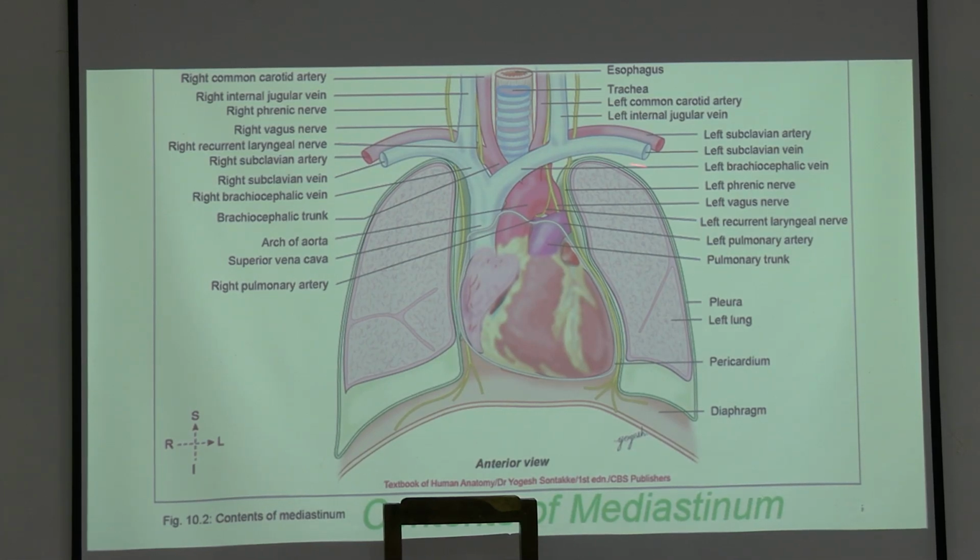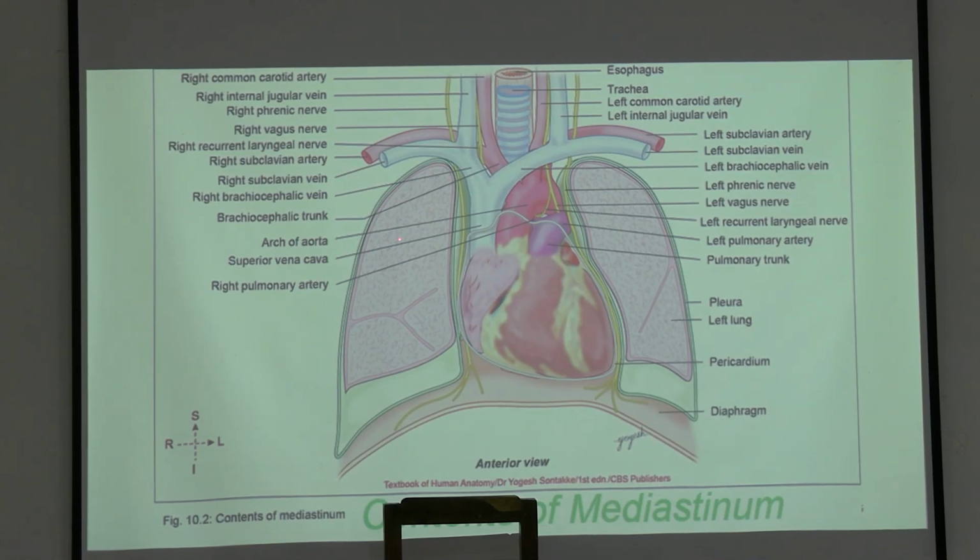Those are present above, within the superior mediastinum, and the structures which are present below are part of the inferior mediastinum.